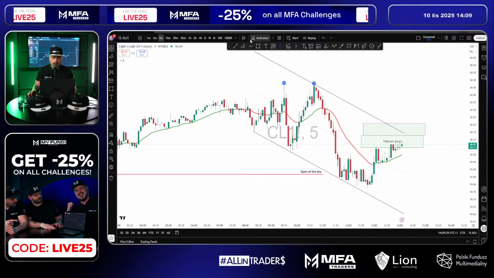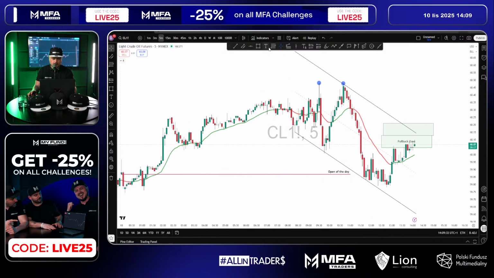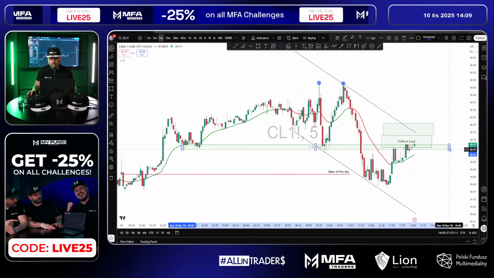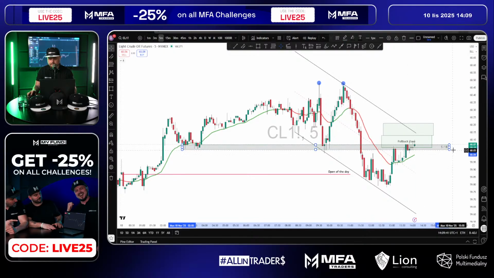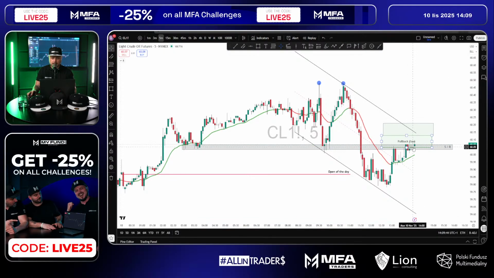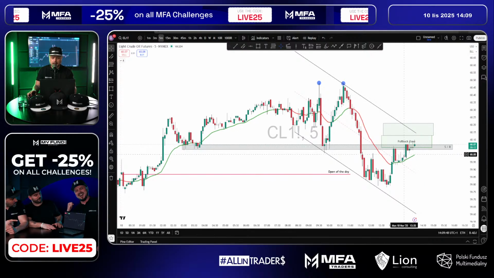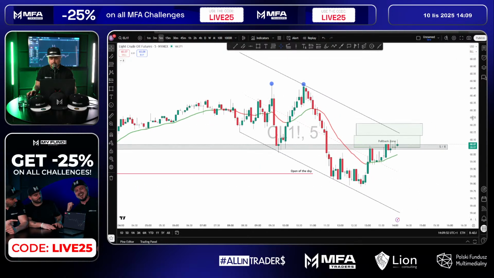Okay. We can add some other things like support resistance zone. If we look at current day, this is nice support resistance zone, and the price just stopped over here. Okay, even if we're gonna break through, doesn't matter, we can still use this area. So this is pretty nice, I would say.